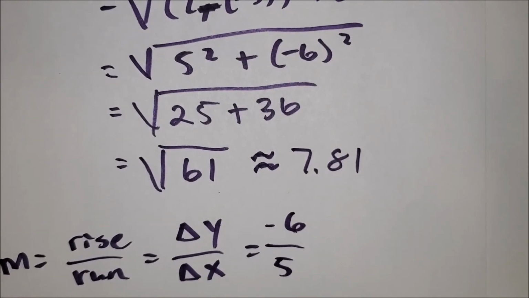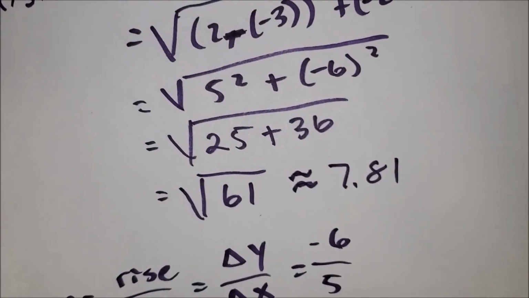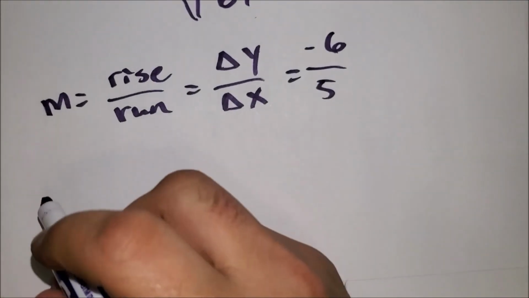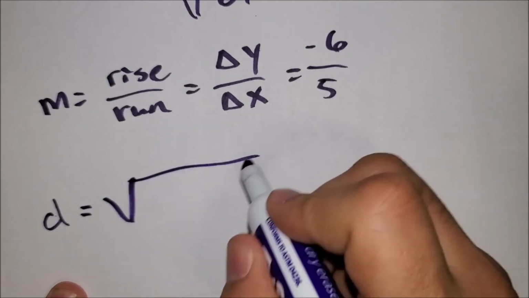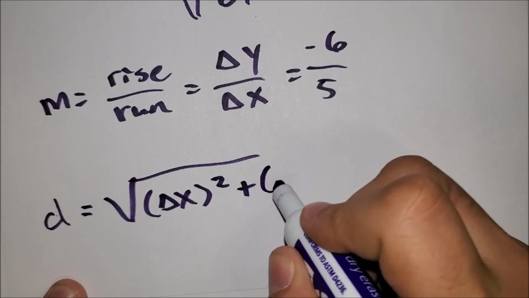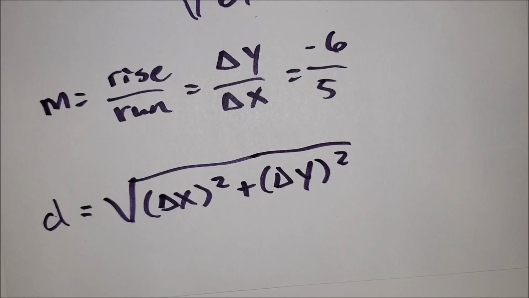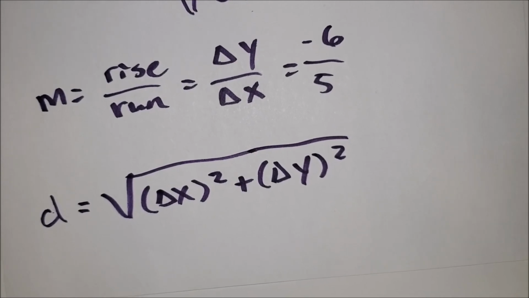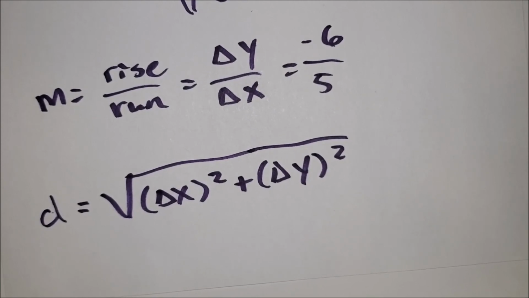So in doing this, we can find both the slope and the distance, because another way to write our distance formula is simply distance equals the square root of delta x squared plus delta y squared. Delta x and delta y are found the same way. It's simply y2 minus y1 for delta y, and x2 minus x1 for delta x.